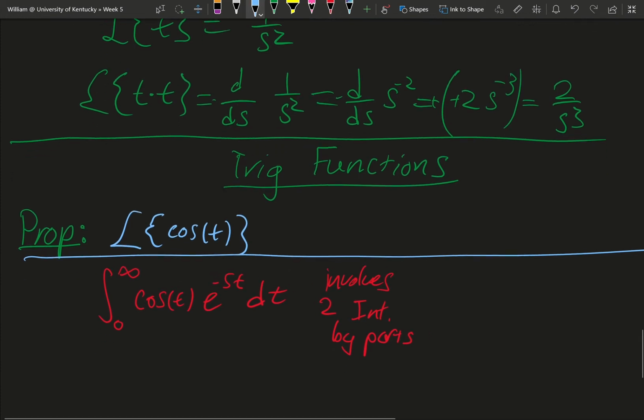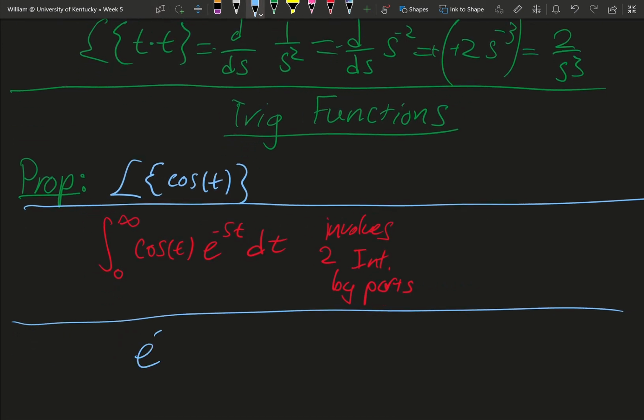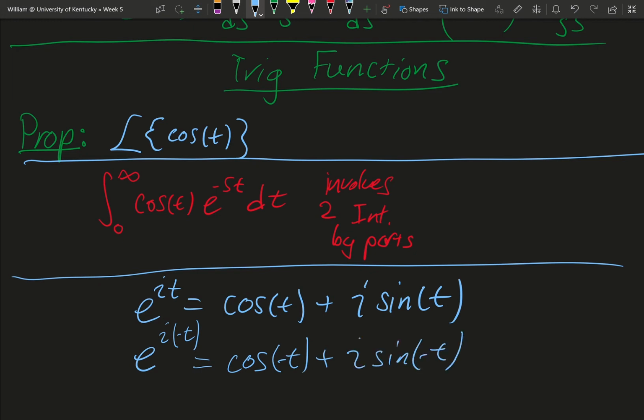So what we're going to do is use Euler's formula again. Remember that Euler's formula said that e to the it is cosine of t plus i sine of t. And a related thing, if instead I make this negative, I just get cosine of negative t plus i sine of negative t.